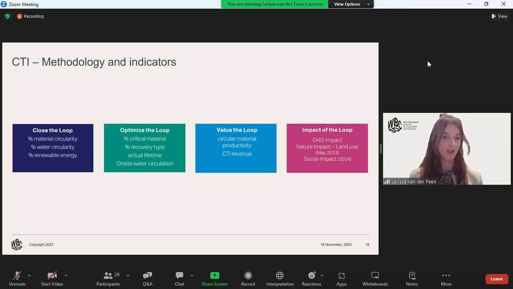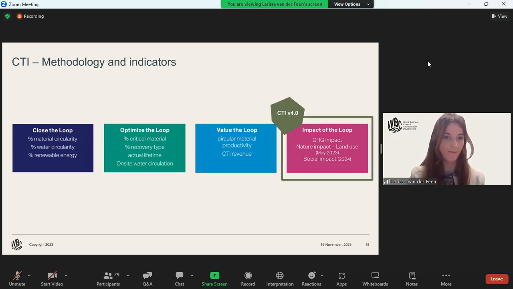And then next year, we will create an indicator that also measures social impact and can show companies how their social performance, for instance, through job creation, differs based on them becoming less or more circular. So that is all the modules and indicators that there are in the circular transition indicators.